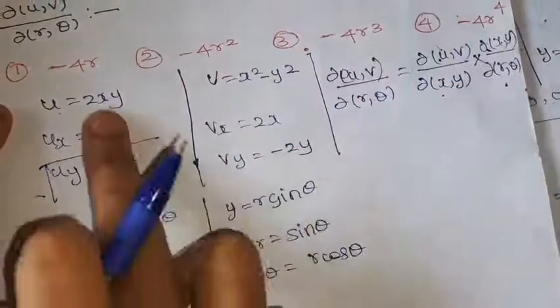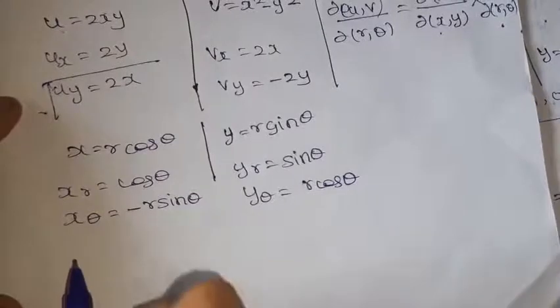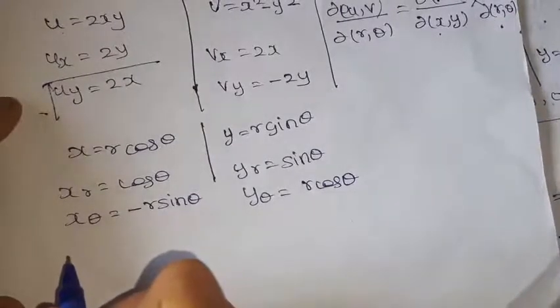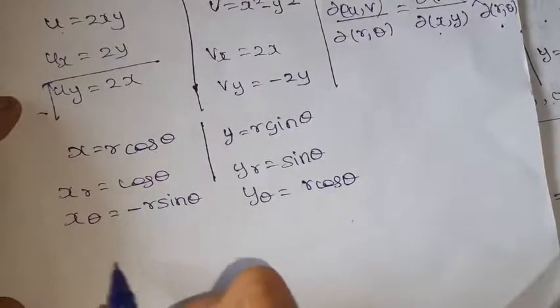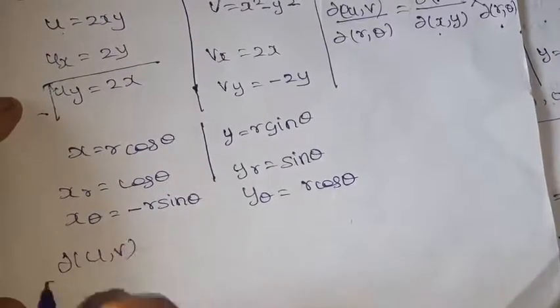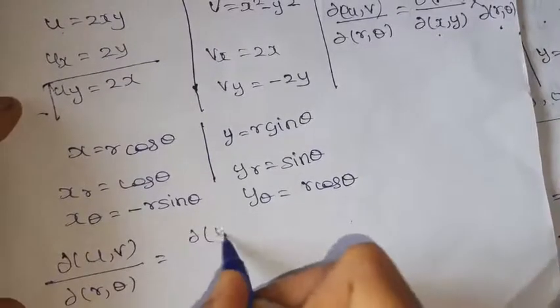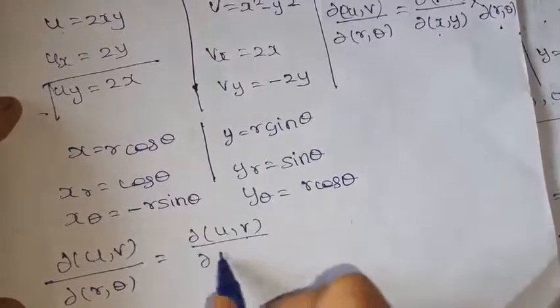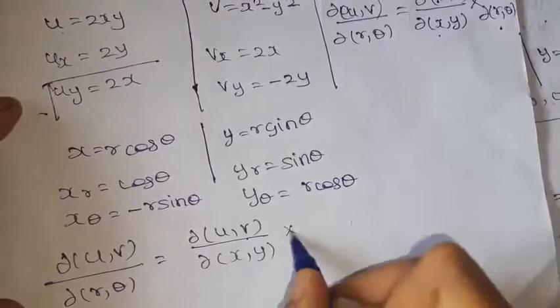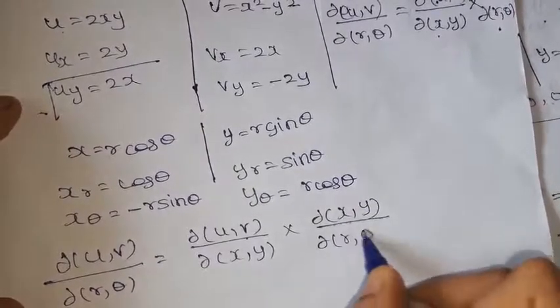So ux, uy, vx, vy. We need to write ∂(u,v) divided by ∂(r,θ) equal to ∂(u,v) by ∂(x,y) into ∂(x,y) divided by ∂(r,θ).